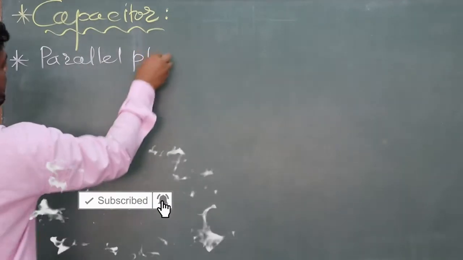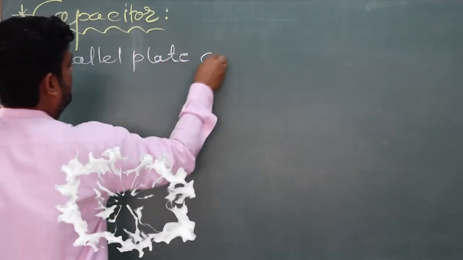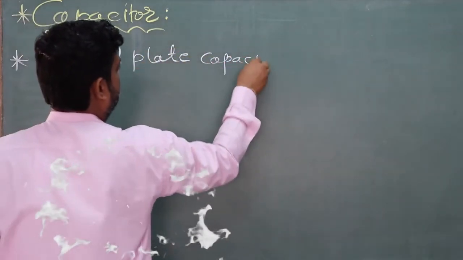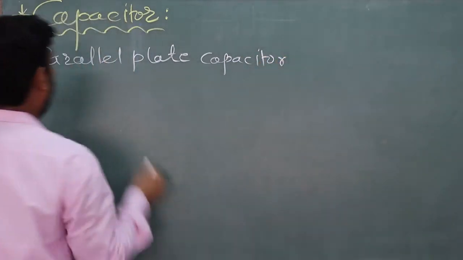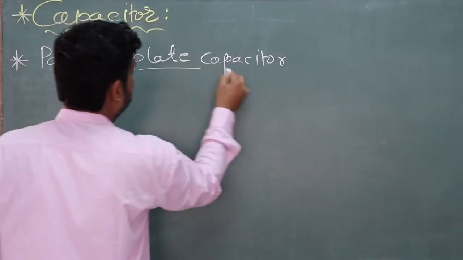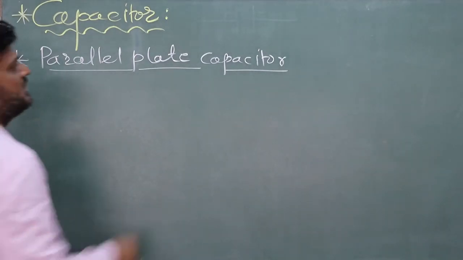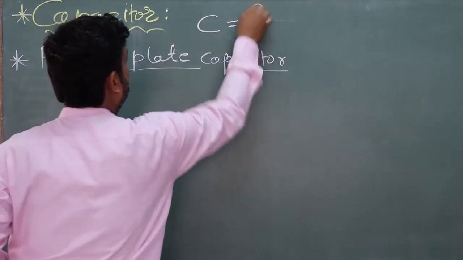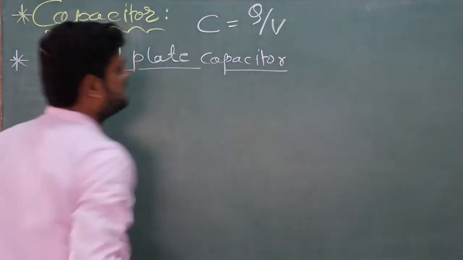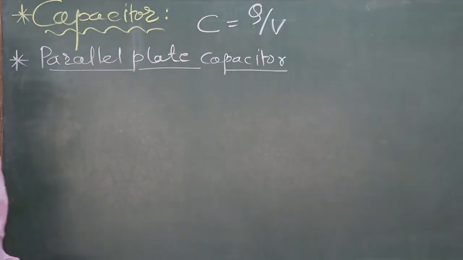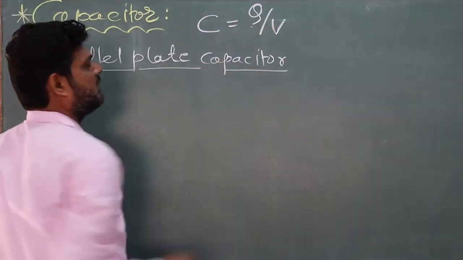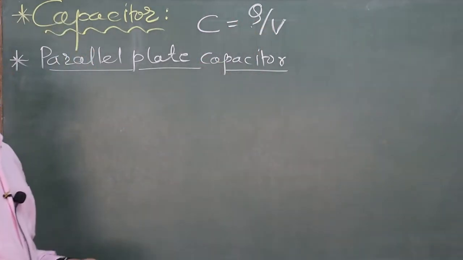Parallel plate capacitor. In this topic we will obtain the equation for the capacitance of a parallel plate capacitor. The basic definition of capacitance: C equal to Q by V, charge divided by voltage developed.